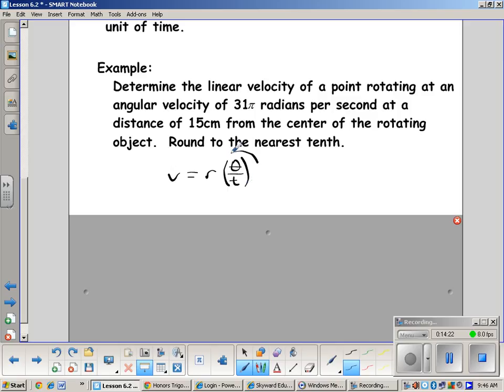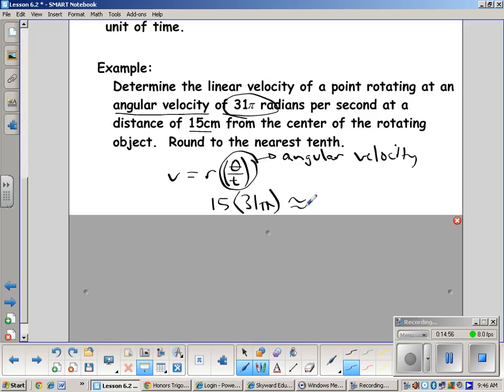But as a whole, this represents the angular velocity, right? And in this example, they told me the angular velocity was 31 pi. So theta and t are already done for you. The radius is 15 times 31 pi.